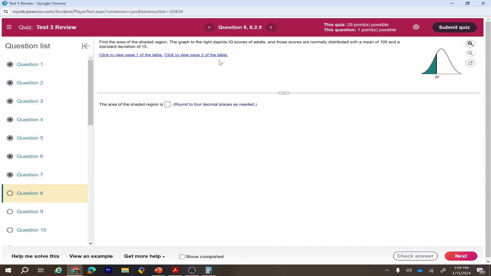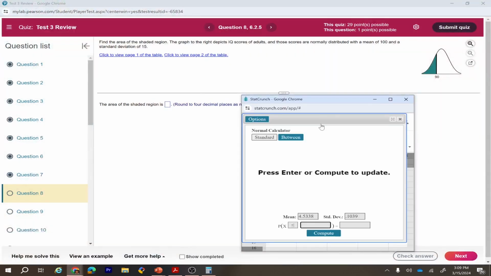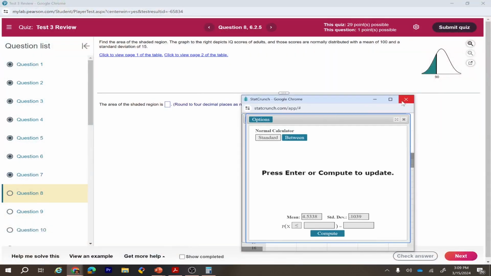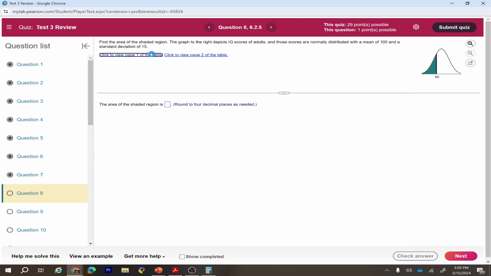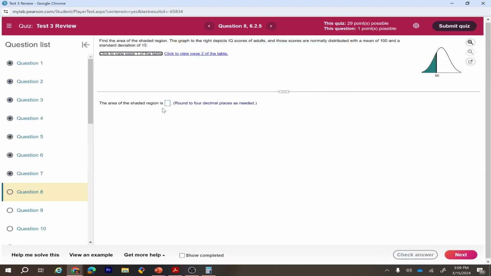Here we have the IQ score for normally distributed data. We have to find the area under the curve to the left side of this value. Go to the normal distribution calculator. Either you can use the table, but I don't want you to use the table. Just use StatCrunch always.